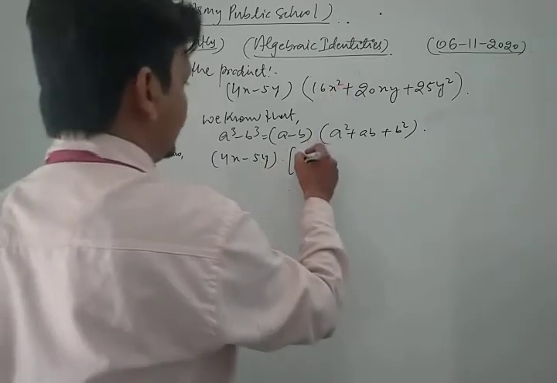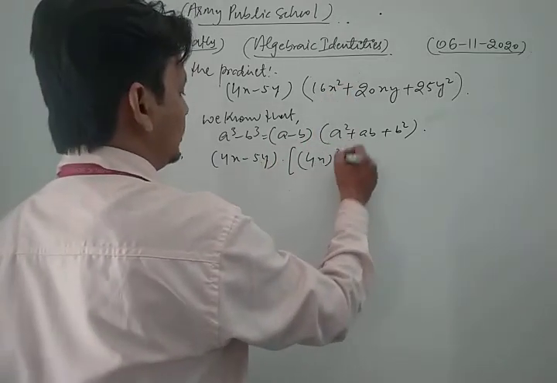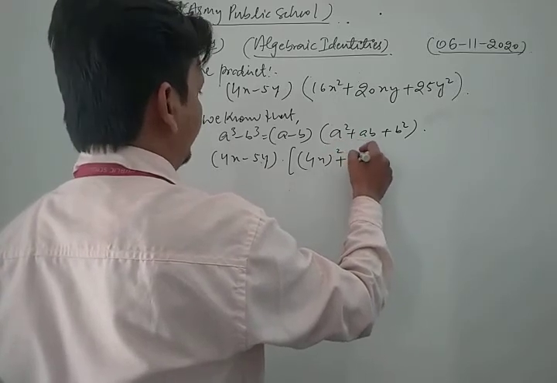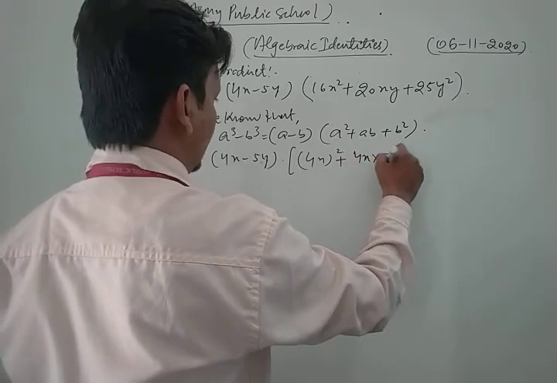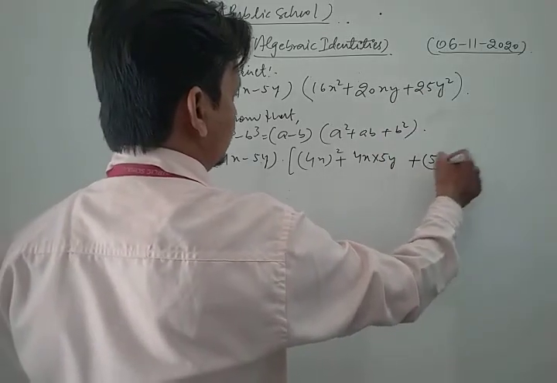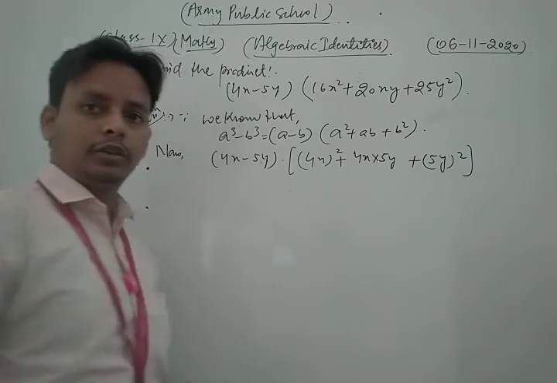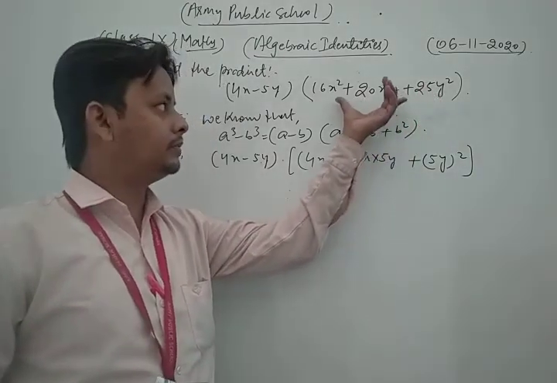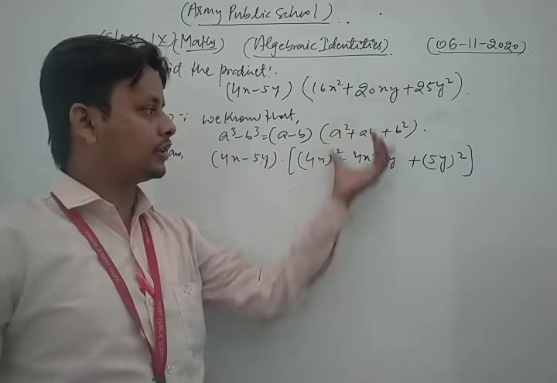and in another bracket we write 4x square plus 4x into 5y, and plus 5y square. Okay, this one. First of all, we arrange the given question in this way.